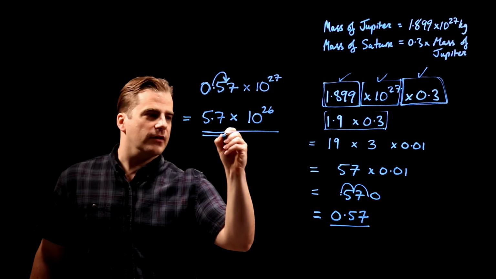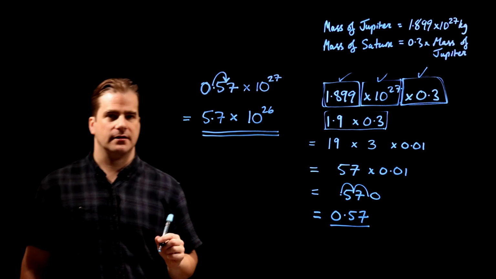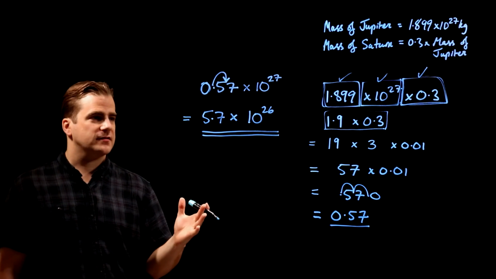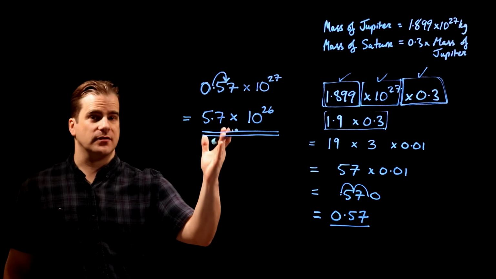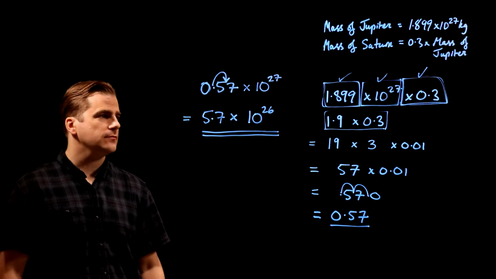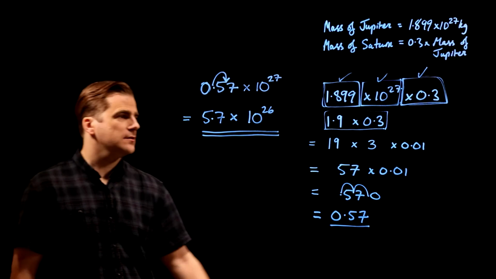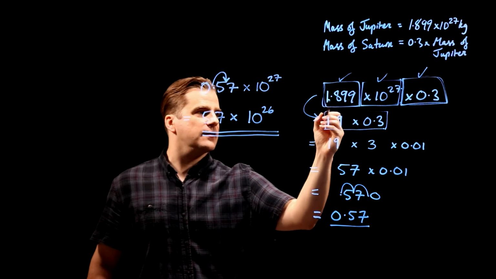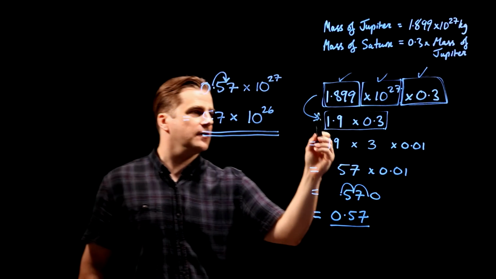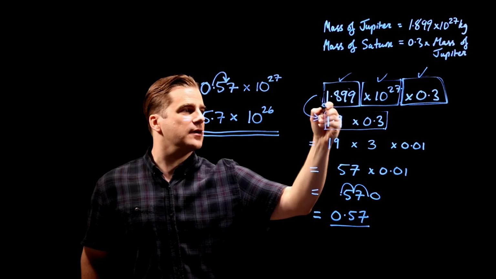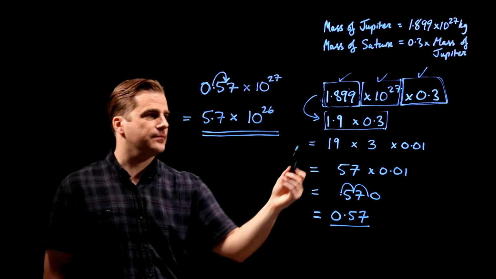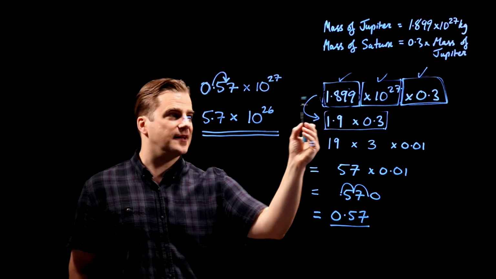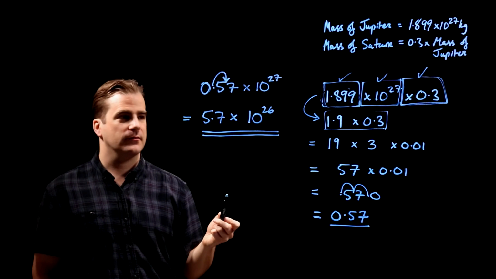Good. And the final part of the question says, give evidence to suggest whether this is an underestimate or an overestimate. Okay? Well, what did we do when we went from there to there? That's how we wrote our estimate. What we did is make this number slightly bigger. 1.9 is slightly bigger than 1.899.